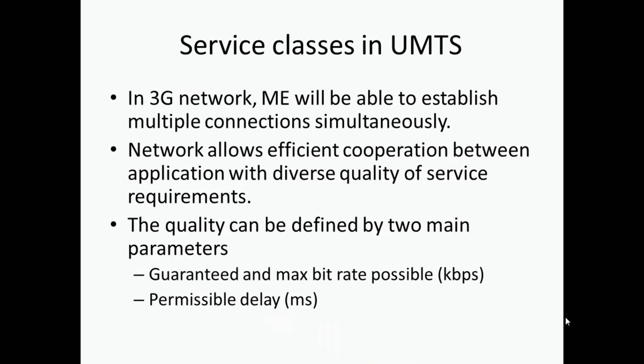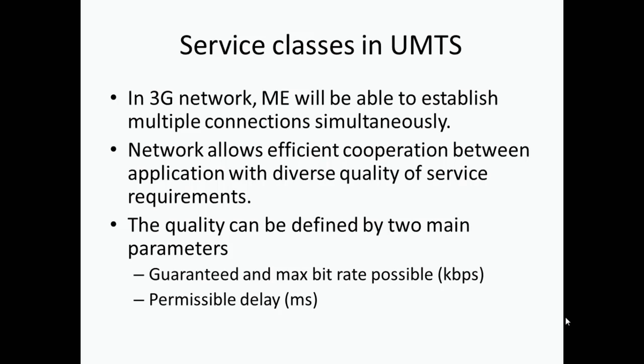Now, the network architecture of UMTS is covered. Now, we will further discuss what the service classes in UMTS are. Service classes means the services that UMTS is providing. In a 3G network, the ME will be able to establish multiple connections simultaneously.